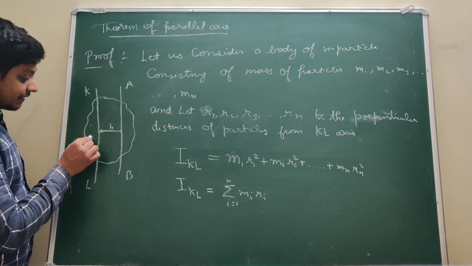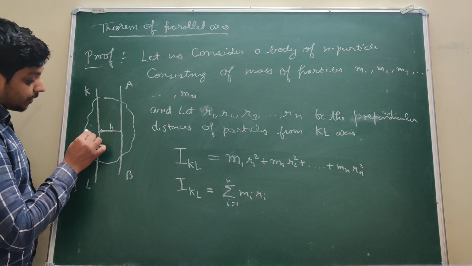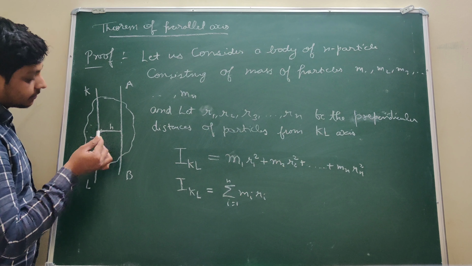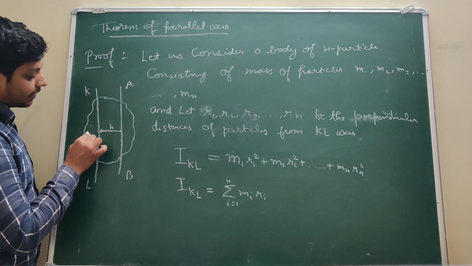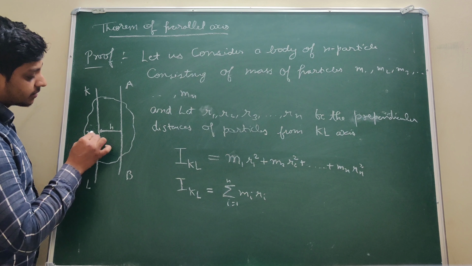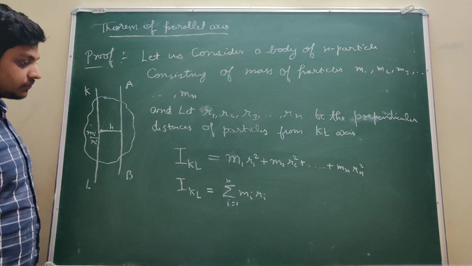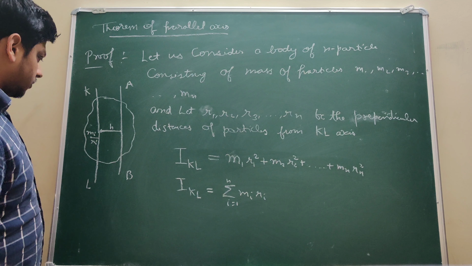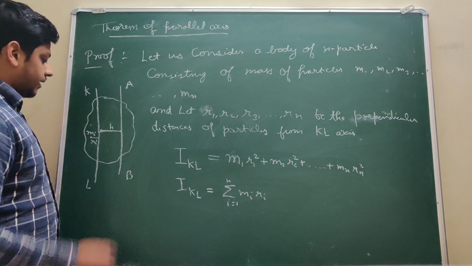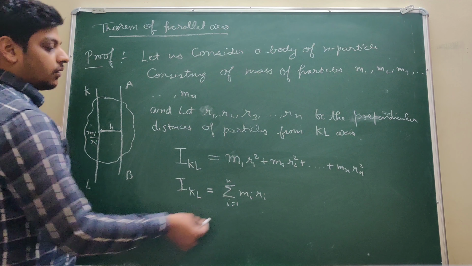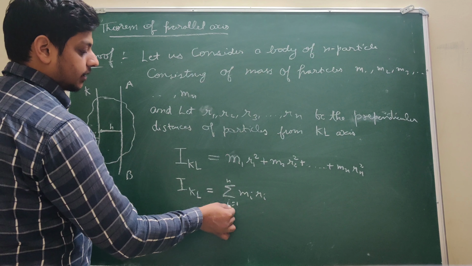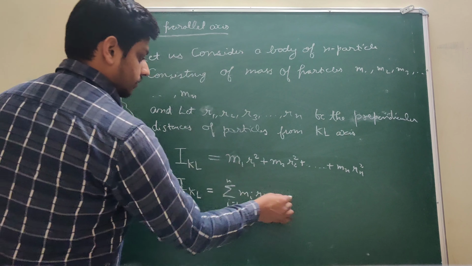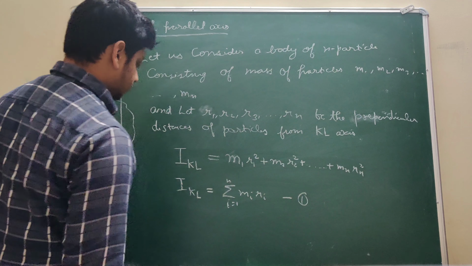Take a random particle which is at ri distance from the KL axis and has mass mi. These are all identical in form, so I can write mi ri square, and i varies from 1 to n. So this is our equation first.